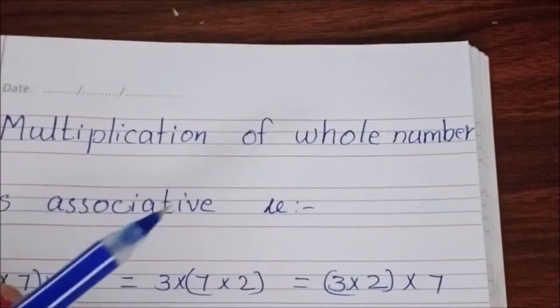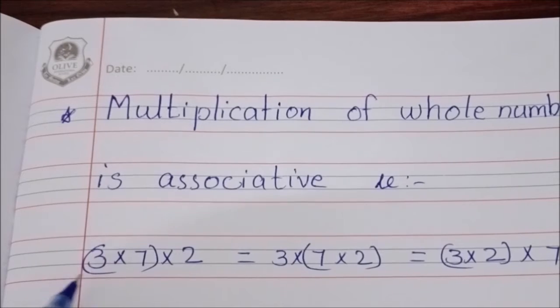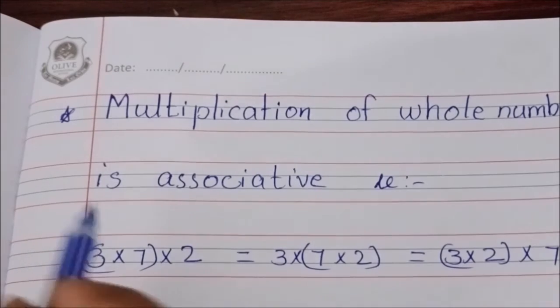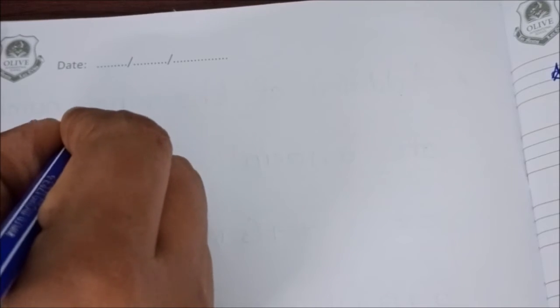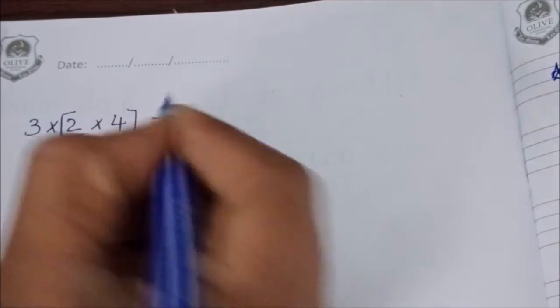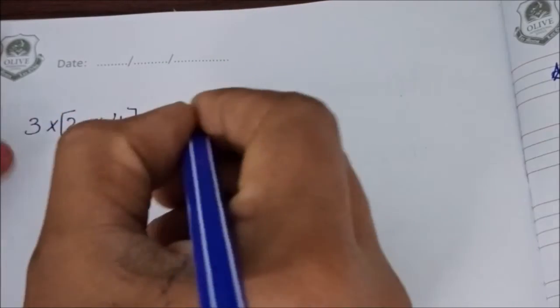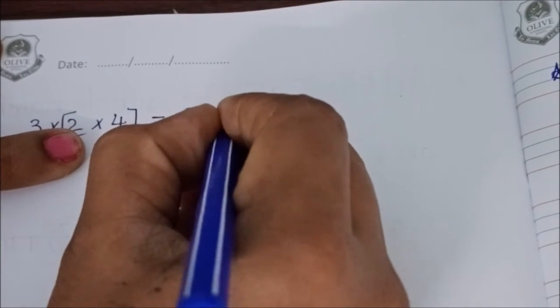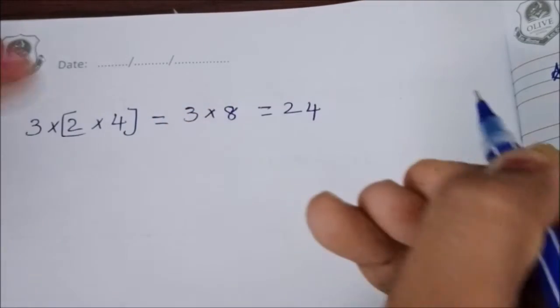Now we will see multiplication. Multiplication of all numbers is associative, which means 3 times 2 times 4 is equal to 3 times 4 times 2 is 8 is equal to 24.